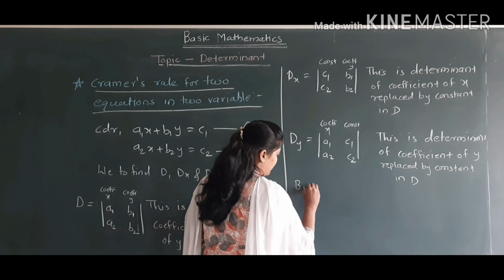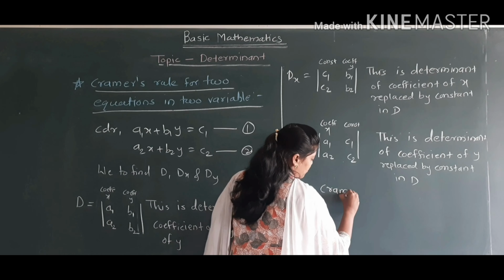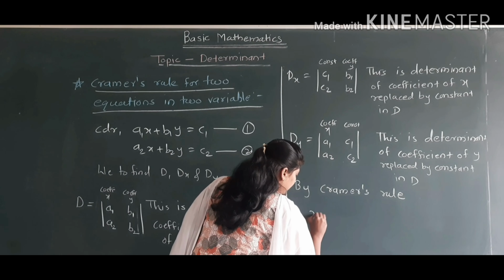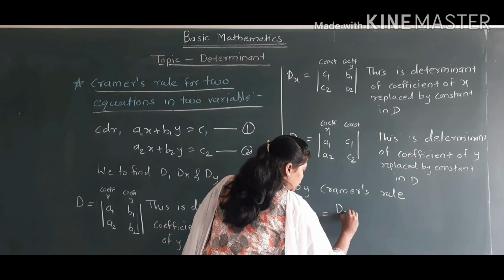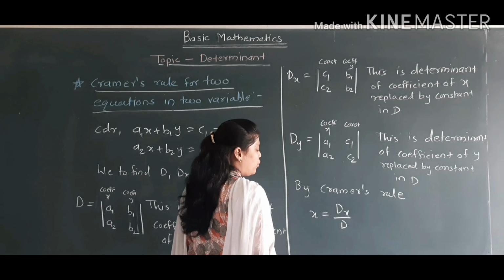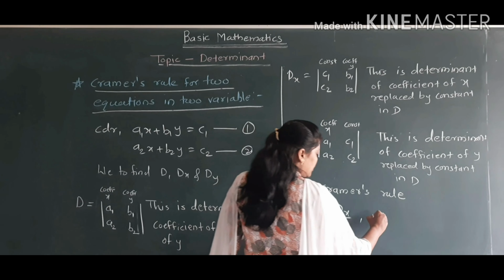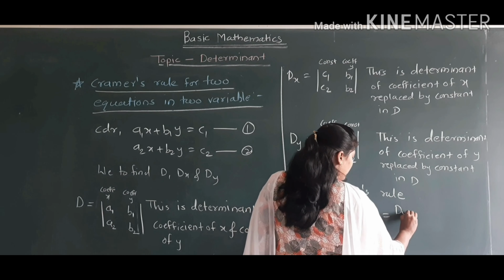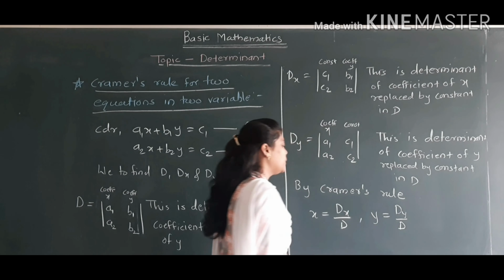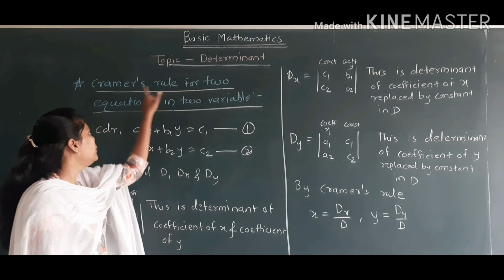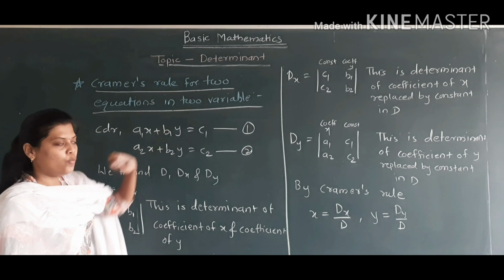Now by Cramer's rule, x is equal to Dx upon D, and y is equal to Dy upon D. This is the procedure of Cramer's rule for two equations in two variables.